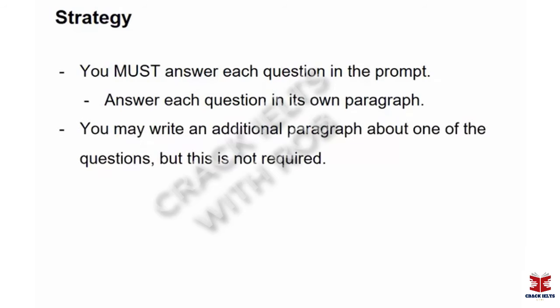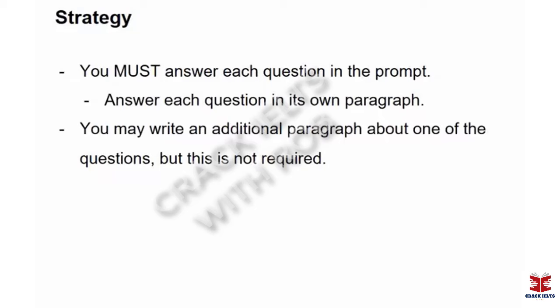All right, now let's say you have 2 questions in your prompt and maybe you need to write more and you finished both of the paragraphs, you've answered each of the questions, you may respond with an additional paragraph to one or both of the questions. But normally this is not necessary.